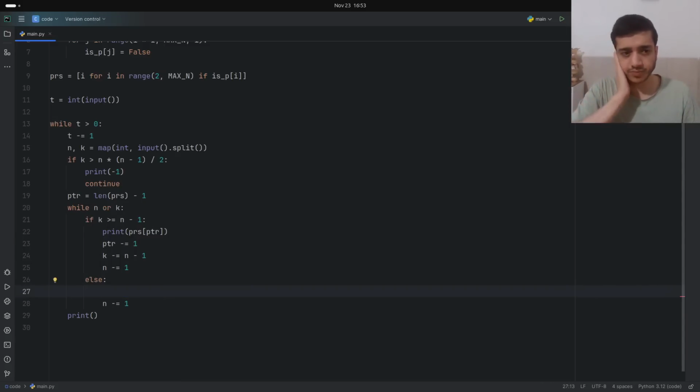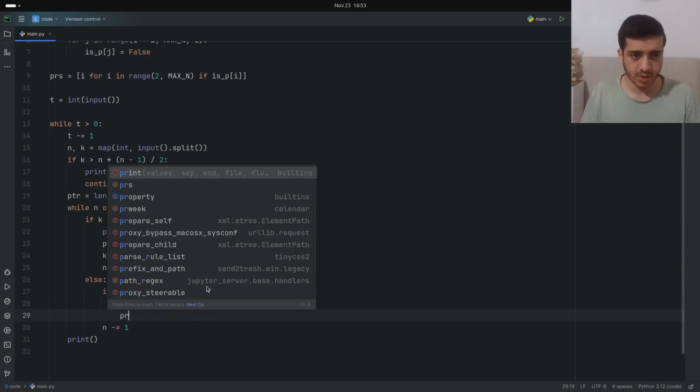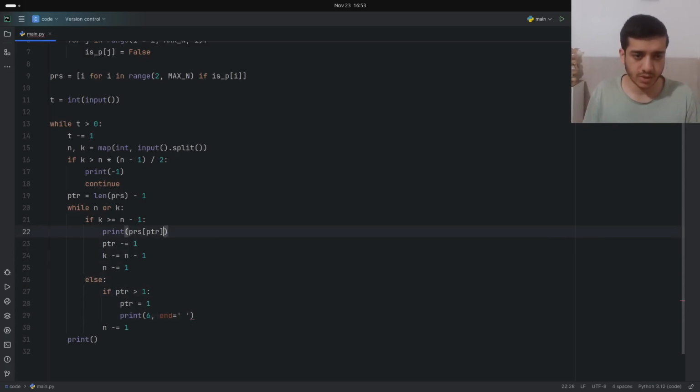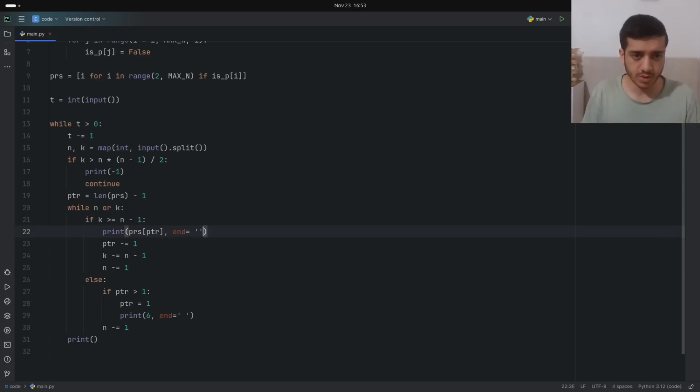Otherwise, in this case, if PTR is more than 1, we change it to 1, and we print 6 and end it with a space.